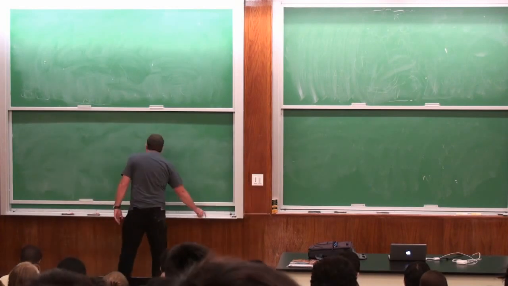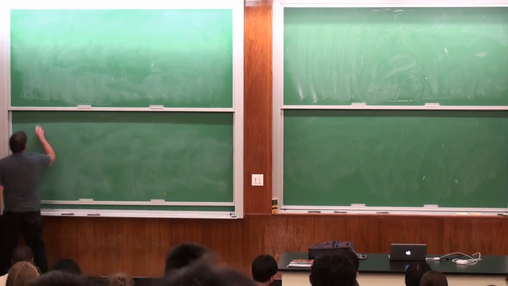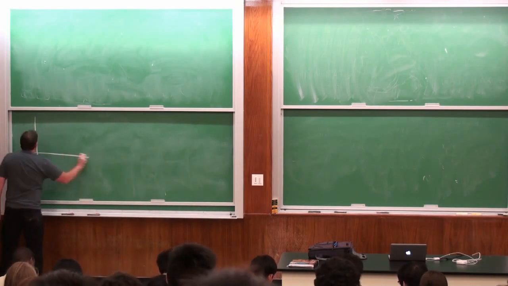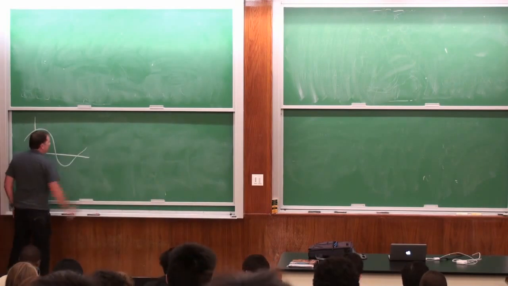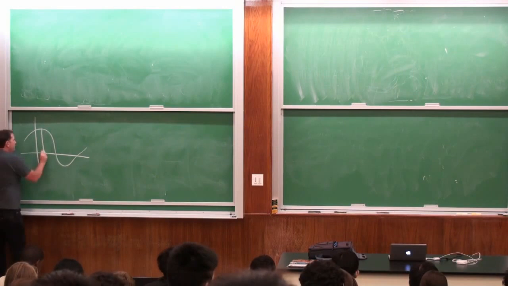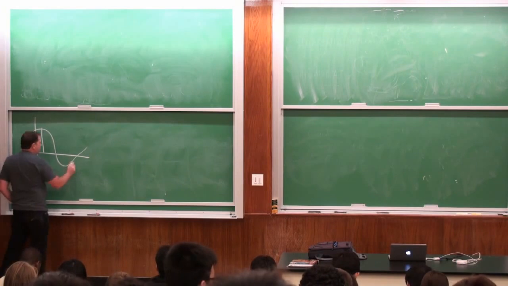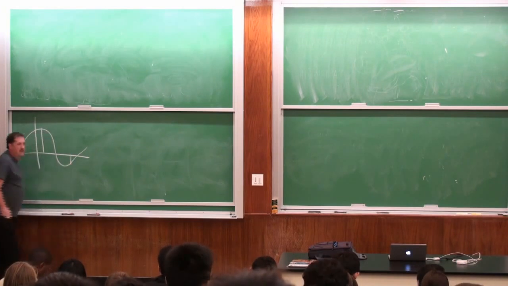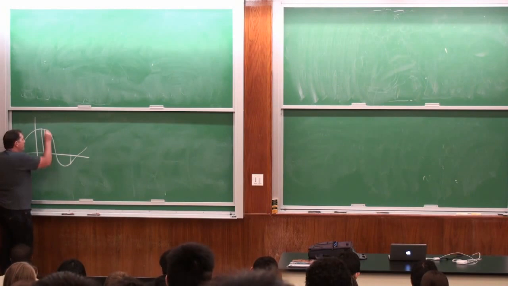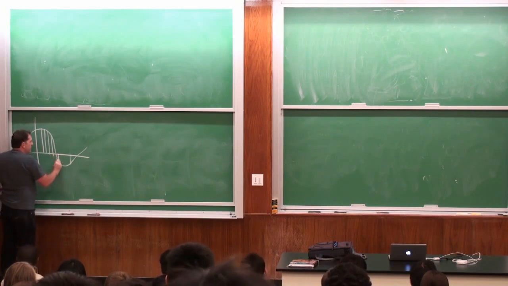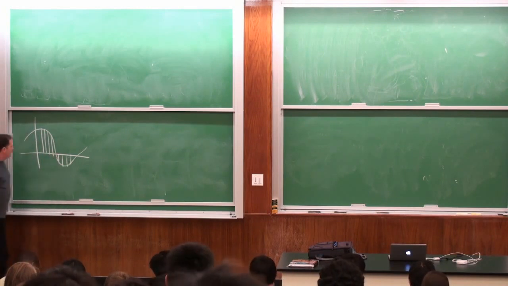So, where we left off last time, remember, we want to find the area under some curve between, say, here, here, and, say, there. What we do is chop this up into a bunch of pieces, say, n pieces.